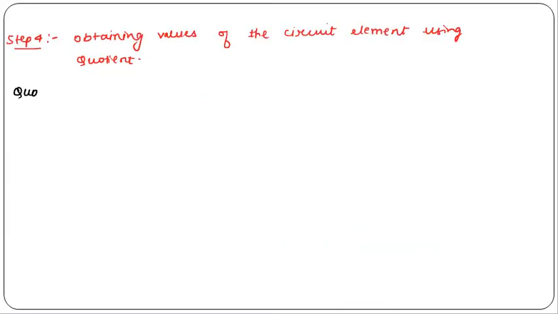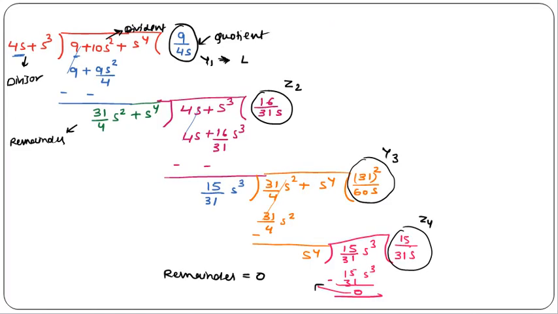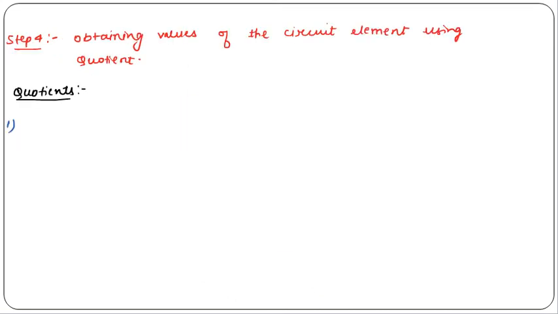So let us write all the quotients. We are getting 4 elements. First quotient is 9 by 4 s, then we have 16 by 31 s, then 31 square by 16 into s, then we have 15 by 31 into s. So first we have 9 by 4 into s.